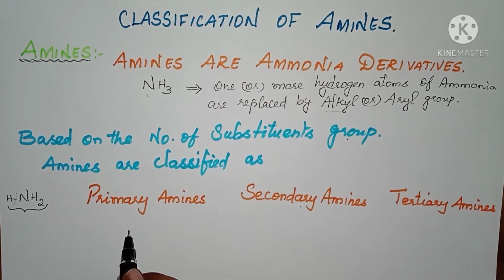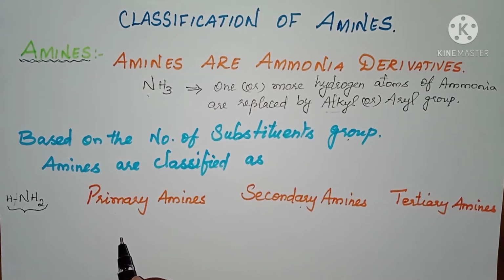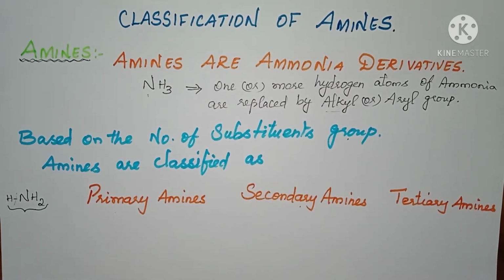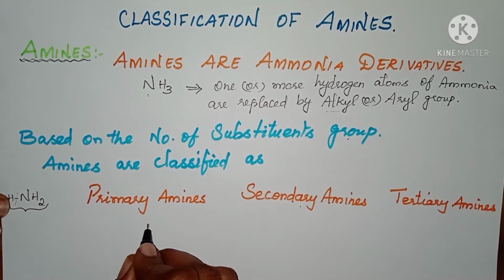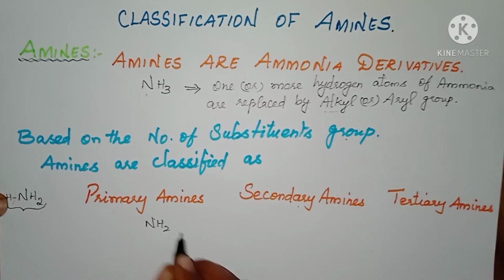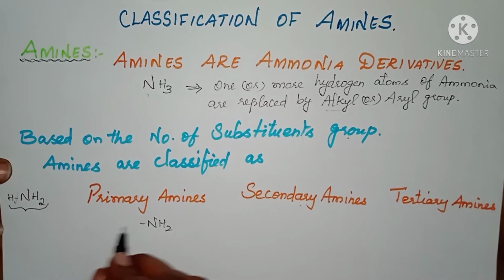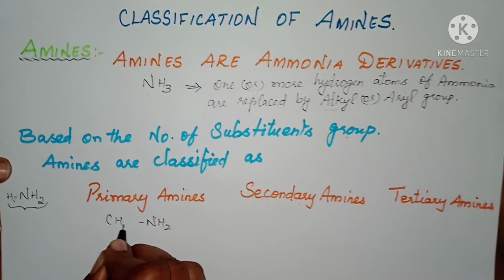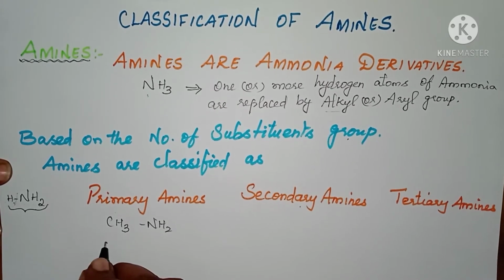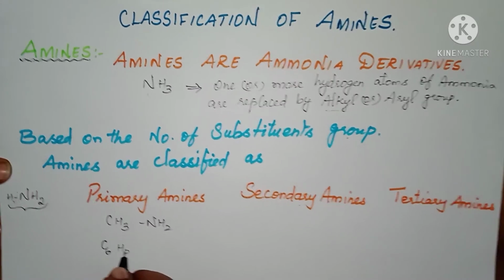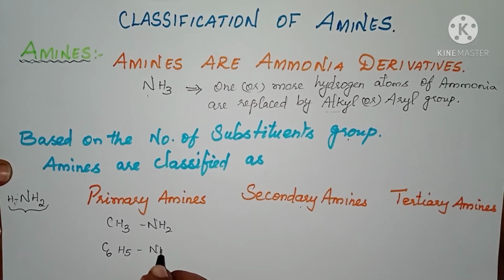Primary amines are obtained by replacing one hydrogen atom of ammonia by an alkyl or aryl group. That is called primary amine. For example, this is NH2. Now one hydrogen is replaced by CH3 or C6H5, with NH2.